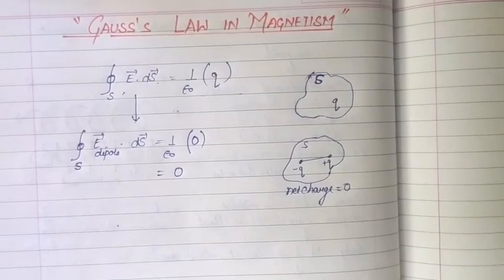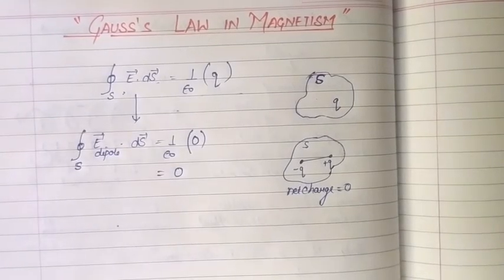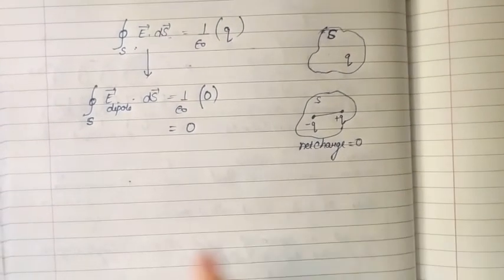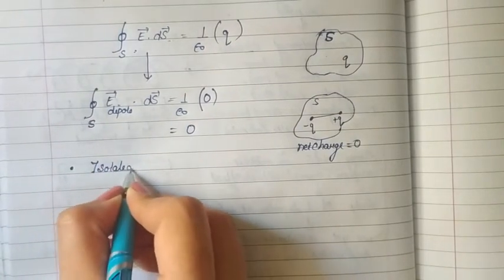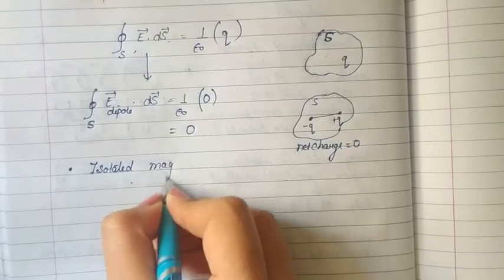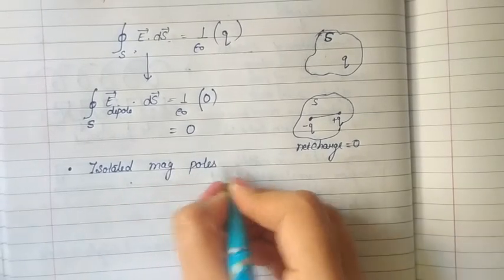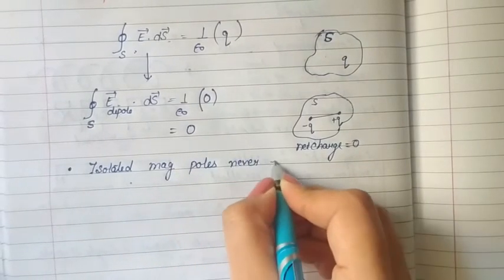Now come to the magnetic field. If we have a magnetic field, then there must exist a magnetic dipole, because in magnetism, what we have studied is that isolated magnetic poles never exist.